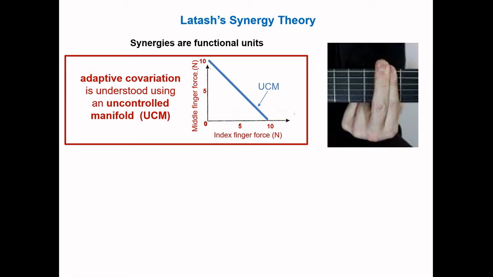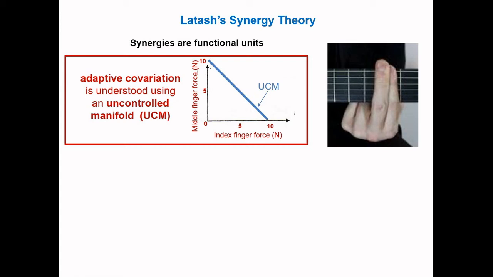If we come up with all possible combinations of forces, we will create the thick blue diagonal line. If you create any combination of forces with your fingers that falls on this line, then you will perform the task successfully. So this particular performance variable will be optimized.